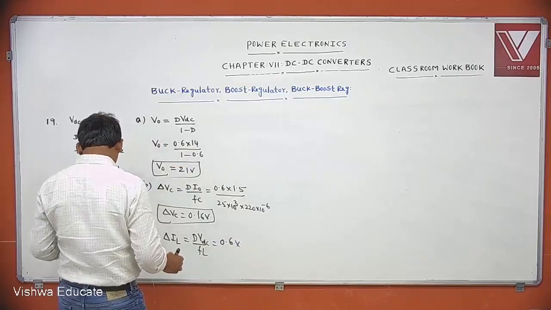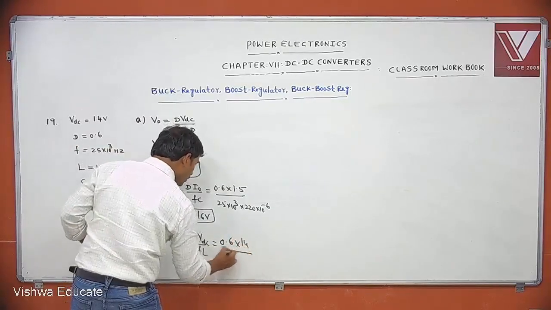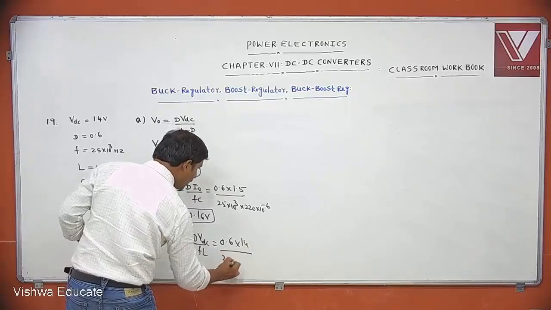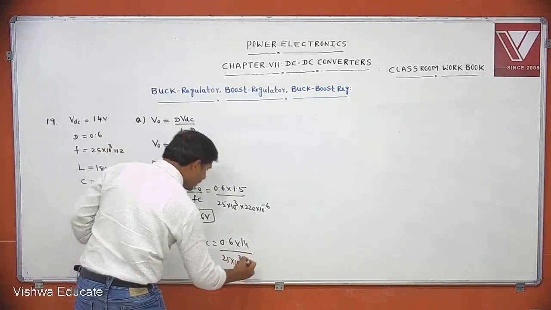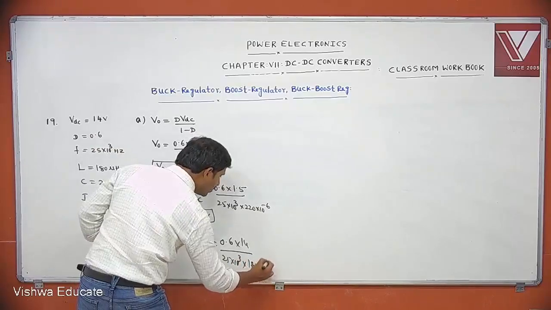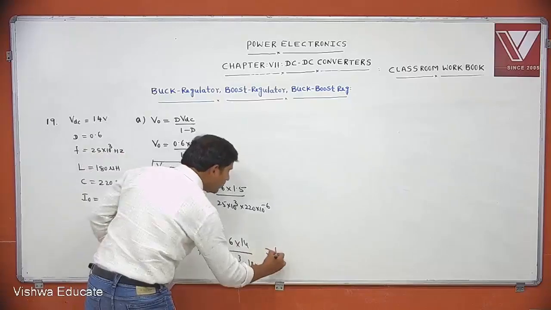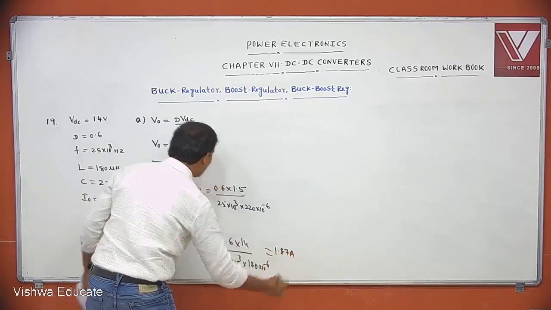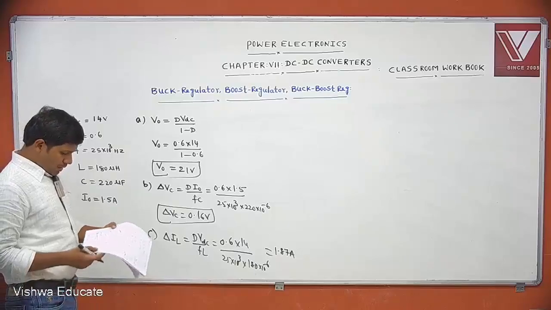What is VDC? 14 volts. Frequency, 25 kHz. L is given as 180 microhenry, 180 into 10 power minus 6. We simplify this and we can get 1.87 ampere.